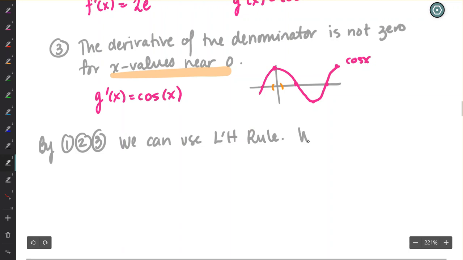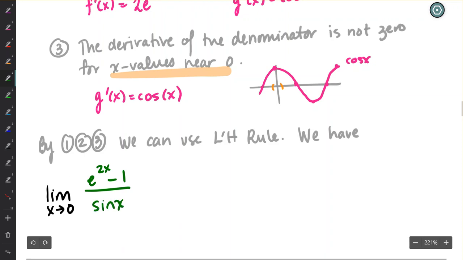Okay, so what do we have? The limit as, and maybe we can shift to black now, the limit as x approaches 0 of my numerator function, e to the 2x minus 1 all over sine x, is equal to, and when you use L'Hopital's rule, it's good to write a little LH or an H above the equal sign.